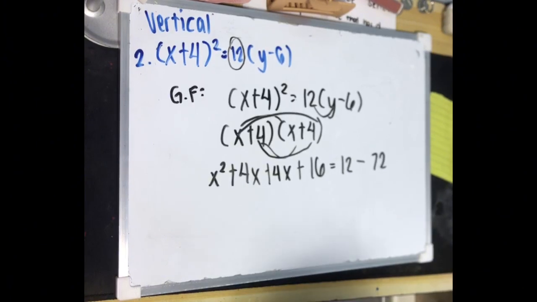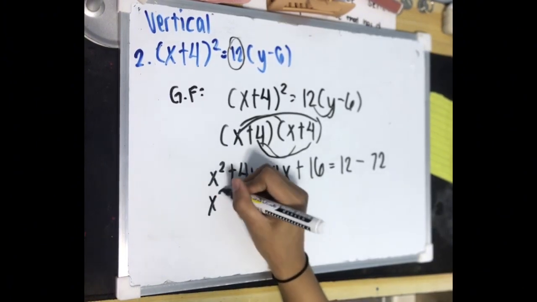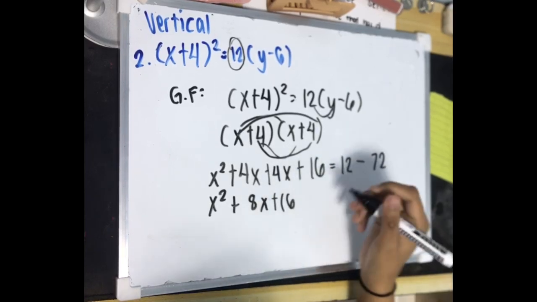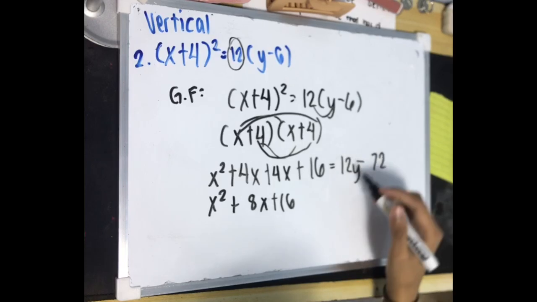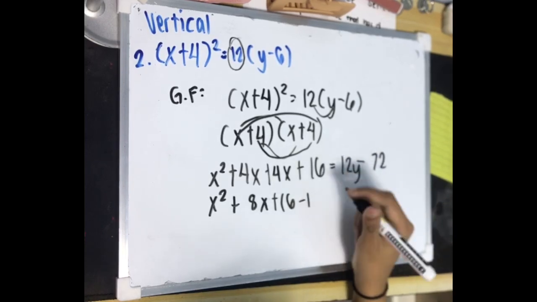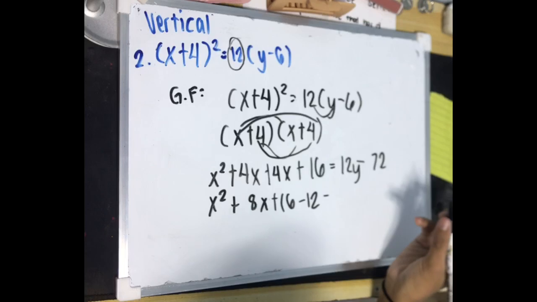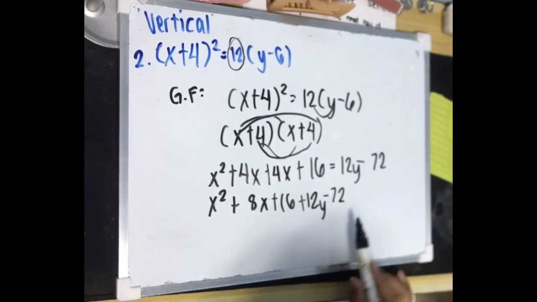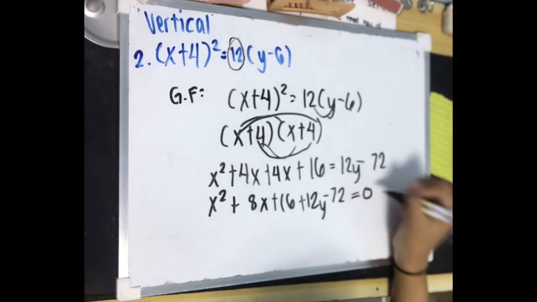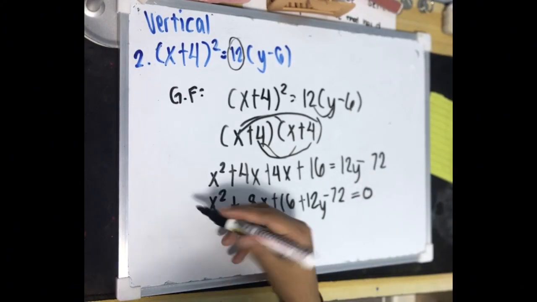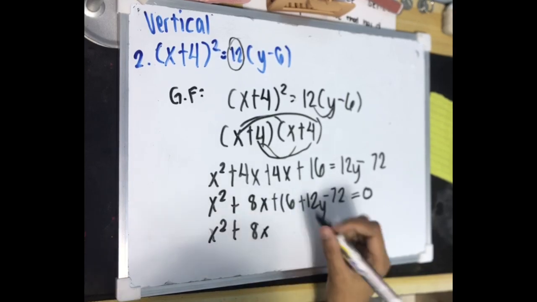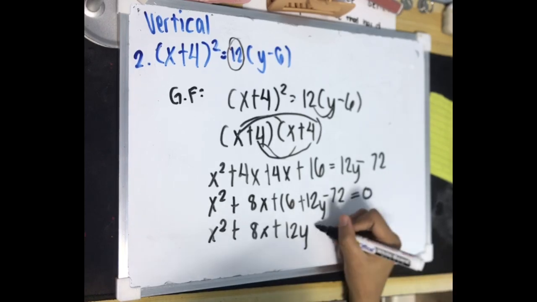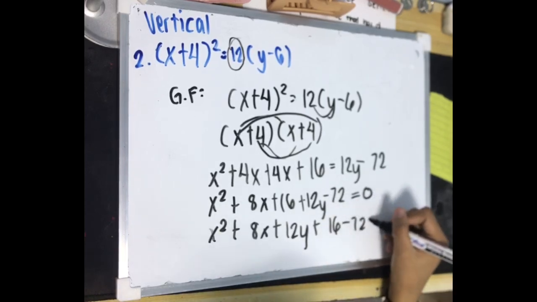So, we need to arrange it. It becomes x squared plus 4x plus 4x is 8x, and 16. We need to bring the 12y inside, so it becomes 12y minus 72. Positive pala, so it becomes positive, equals 0. To arrange it, we have x squared plus 8x plus 12y plus 16 minus 72.